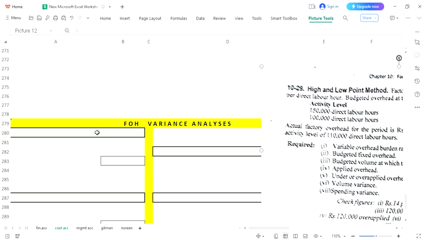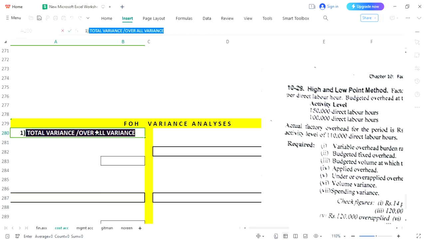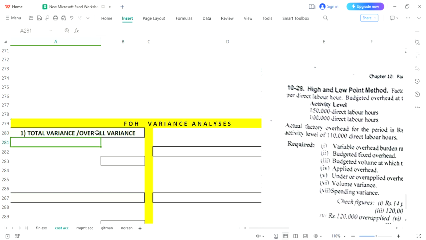The first thing which would be calculated over here is your total variance. Total variance would be calculated between actual and applied FOH. So you will write your actual FOH over here and then applied FOH over here. Then you will calculate the variance, which would be the difference between actual and applied, and finally you will conclude as under or over applied.